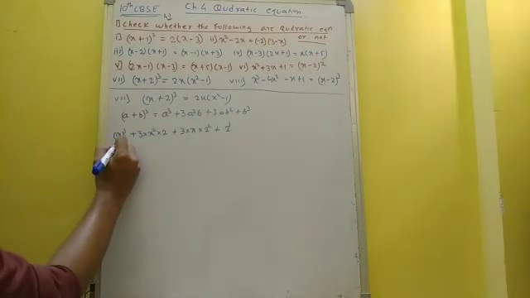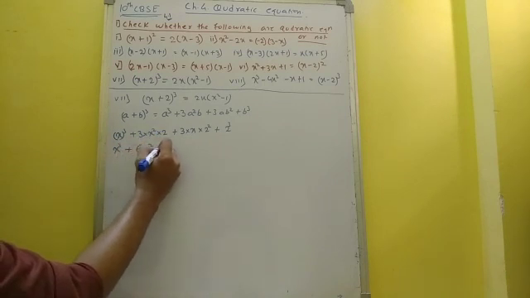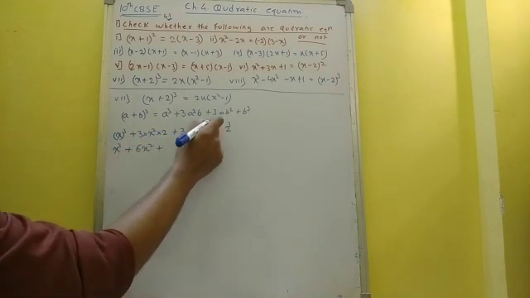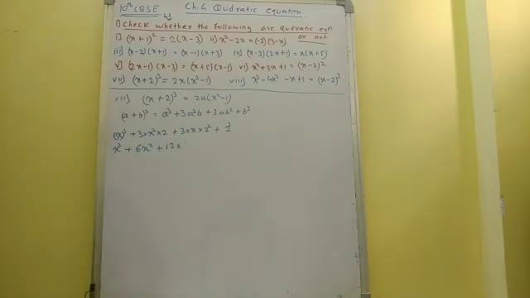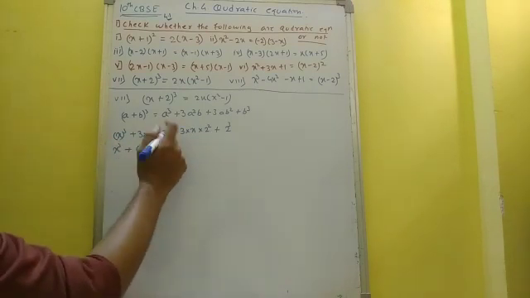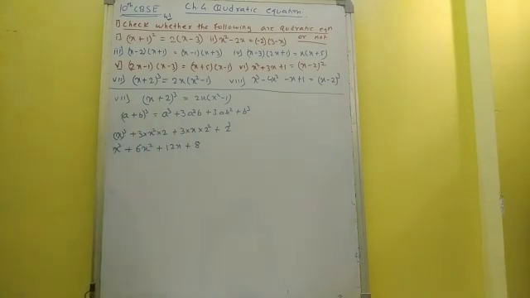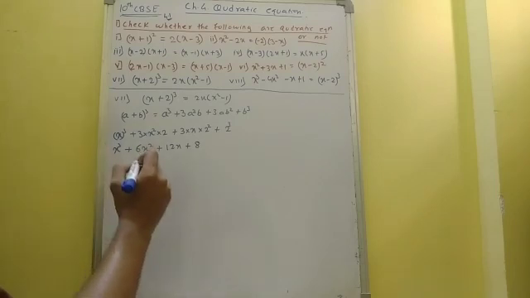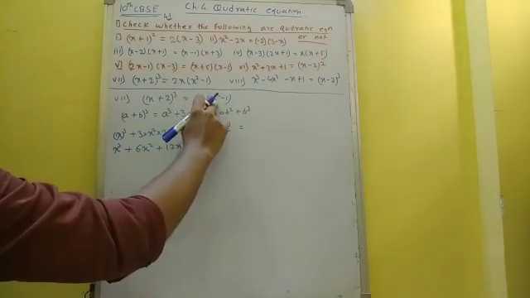Okay, so x cube plus 3 2s are 6x square, 2 square is 4, 4 3s are 12x plus 2 cube is 8. Okay, and on the right hand side we have x square minus 1.